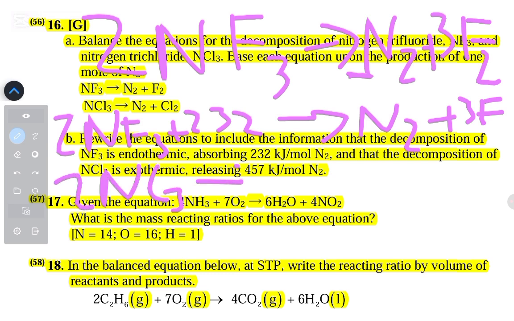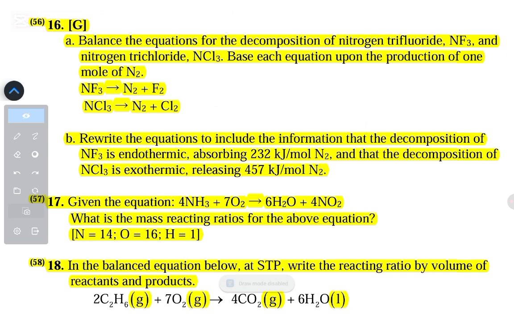2NCl3 gives you N2 plus 3Cl2. Okay. 457, yeah, release, NCl is exothermic. Exothermic means releasing 457 kilojoules. So it's going to be on the product side, okay?